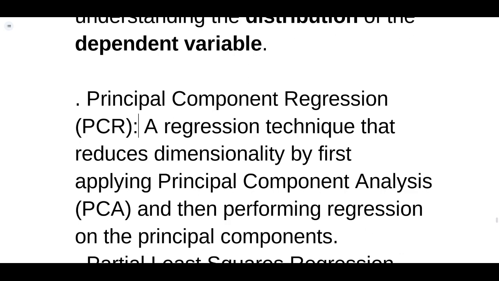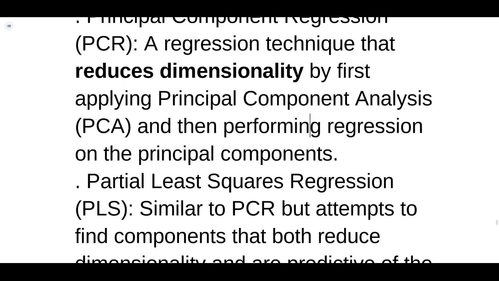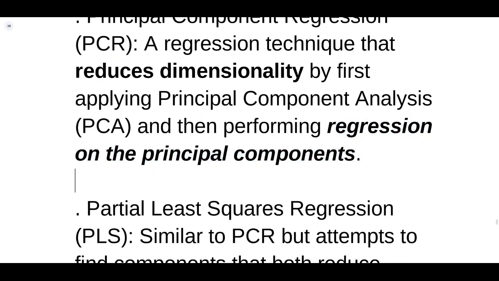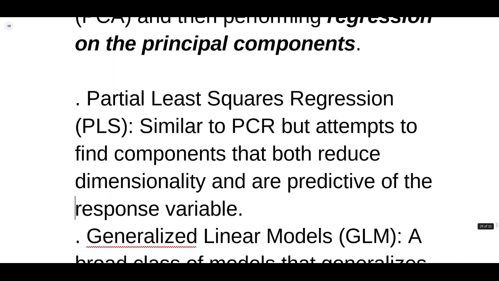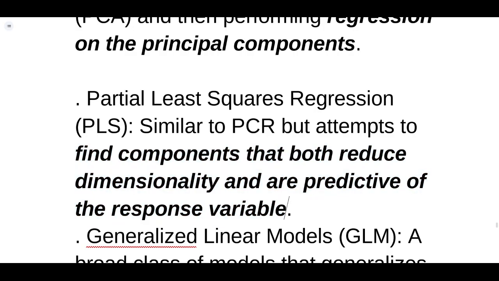Now, principal component regression is a regression technique that reduces dimensionality by first applying principal component analysis and then performing regression on the principal components. It's very interesting. Partial least squares regression, similar to principal component regression, but attempts to find components that both reduce dimensionality and are predictive of the response variable. Very important.